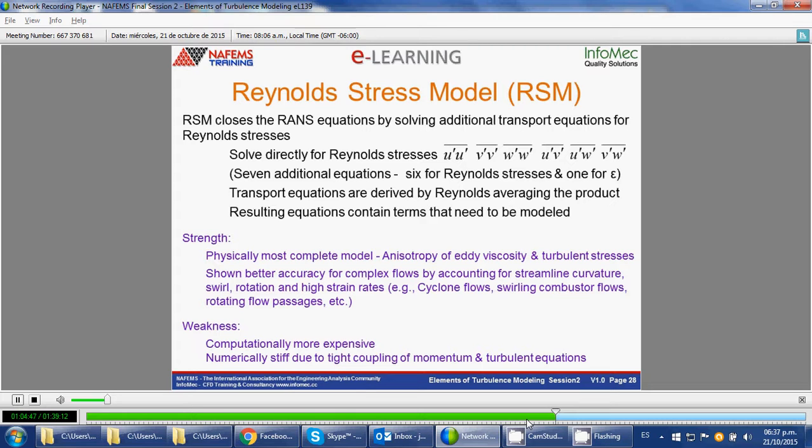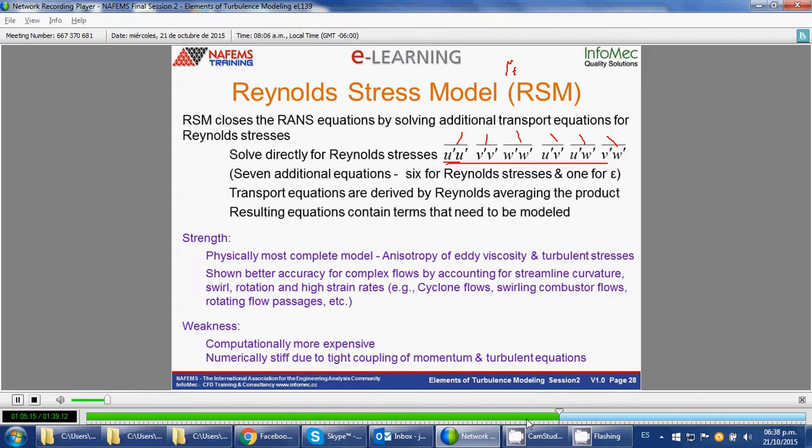So, in terms of Reynolds stress model, RSM, if you remember, I said one assumption was Boussinesq's hypothesis, where we set these things and write them in terms of this mu t. Another way is to actually say, all right, we'll have an equation for any of these Reynolds stress terms. And so that means we're going to have 6 additional partial differential equations.